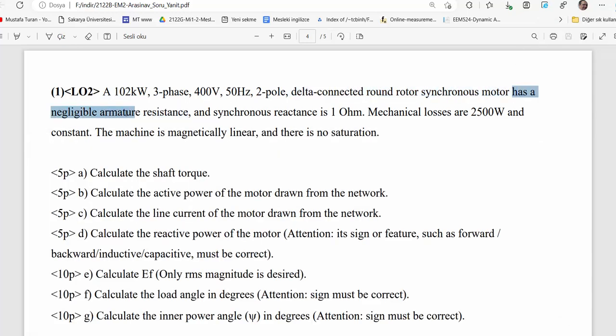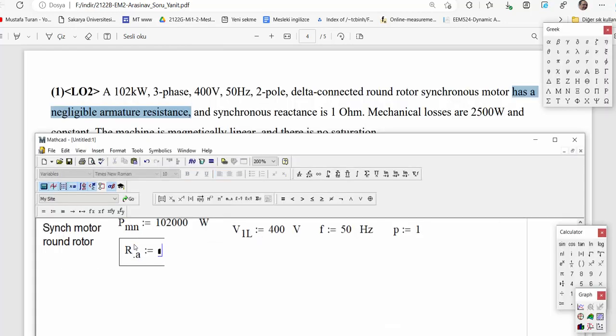It has a negligible amount of armature resistance. RA is 0, and the machine has 1 ohm of synchronous reactance. XS is equal to 1 ohm.